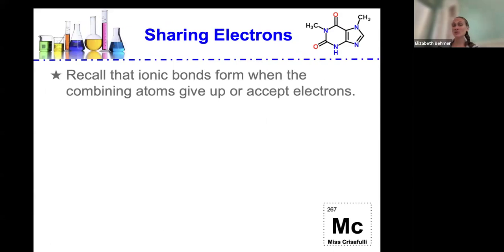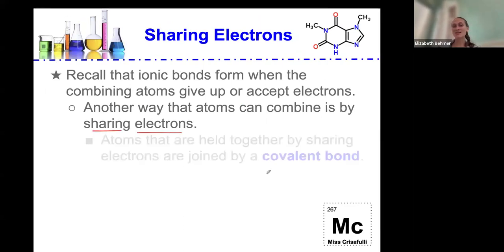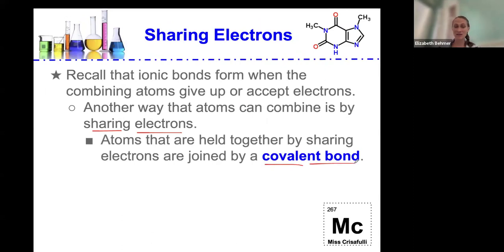Recall that ionic bonds form when combining atoms give up or accept electrons. Another way that atoms can combine is by sharing electrons, and that's what we're going to focus on with these molecules. Atoms that are held together by the sharing of electrons are joined by what we call a covalent bond.